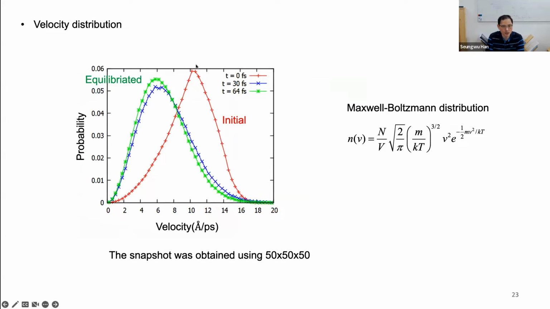Okay, this is the initial velocity distribution, but within less than 100 femtoseconds, it quickly equilibrates, or its distribution converges into a certain form, and that is nothing but the Maxwell-Boltzmann distribution, which is given by statistical mechanics. All right. So the simulation, it is obvious, but the simulation follows these statistical mechanics.